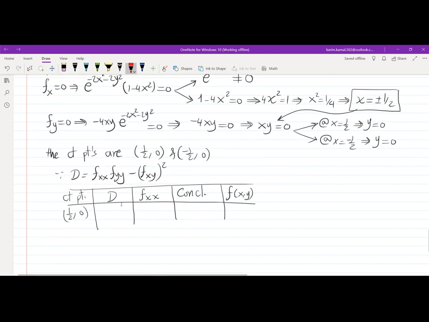and then at the first point D will be 2.95, which is positive, and at this point fxx will be negative 2.43, which is negative.